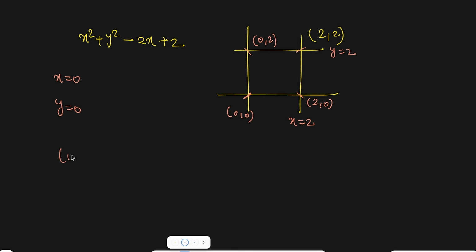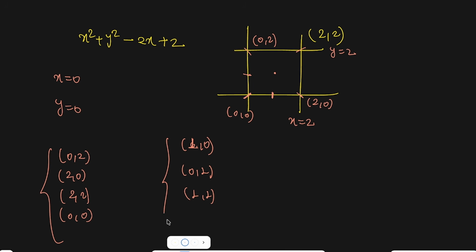So you find out the value at these points. Then also you find out at this point, let's say this is 1 comma 0, then here this is 0 comma 1, and any point in between, let's say 1 comma 1. If you find out at all these points, definitely you will get something in this.